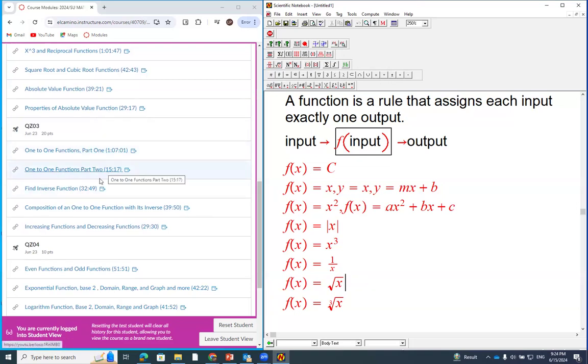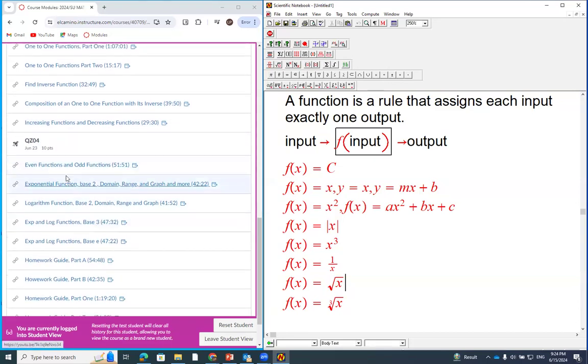One-to-one is a very important concept. From one-to-one functions, we cover inverse functions, composition of a one-to-one function with its inverse, increasing functions, decreasing functions, even functions, and odd functions.